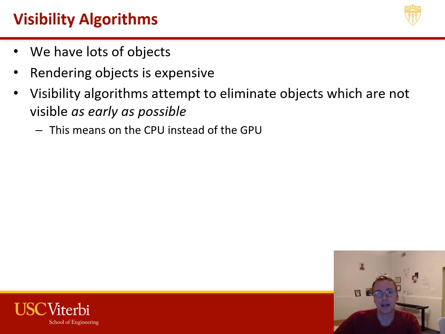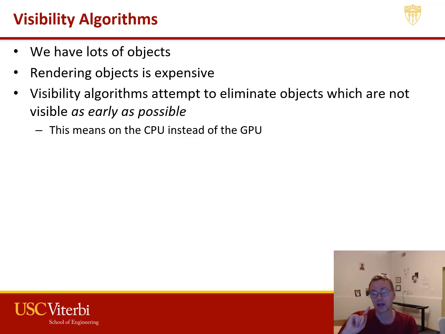So saying that again, we are ultimately going to have a ton of objects. It's a lot of objects we're going to draw. It can be very expensive. And so if we can quickly and easily chuck out some things that we know we don't need to worry about, we can do this as an optimization.